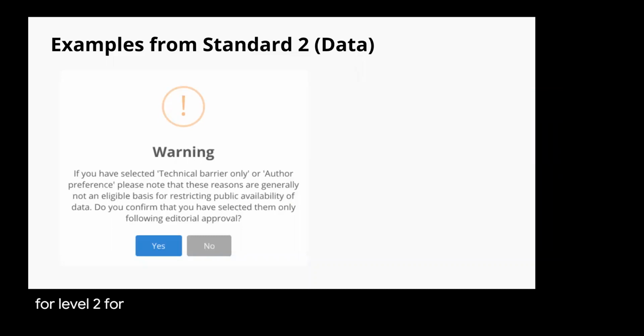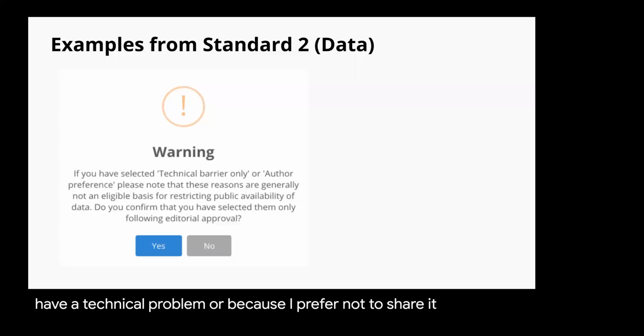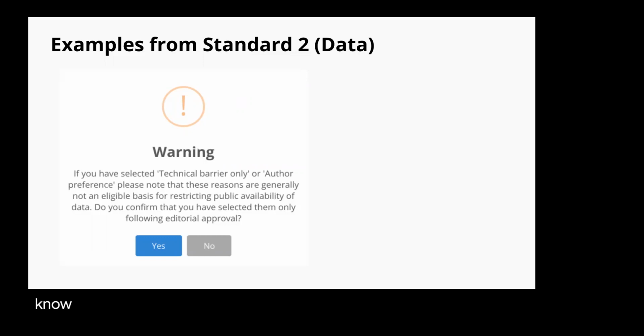For example, if you say that the data are not available because I have a technical problem, or because I prefer not to share it, no explanation necessary, then there's going to be a warning that says, unless you have editorial approval, this will probably be returned to you because it's not an eligible reason.